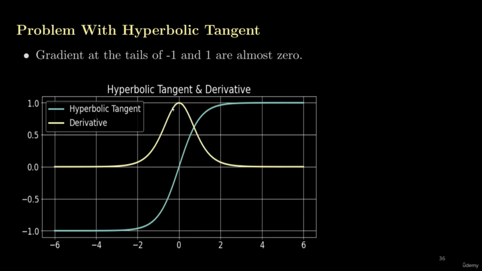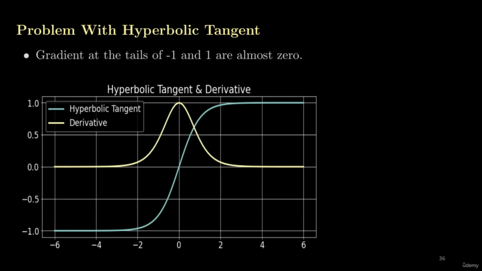But the gradient becomes 0 when we move in the negative direction, and also 0 when we move in the positive direction. So it is 1 when the input is 0, but for negative inputs, it is close to 0, or starting to become 0. Similarly, for positive values, the gradient becomes 0, due to which during learning there are high chances that gradients die out, or a vanishing gradient problem occurs.